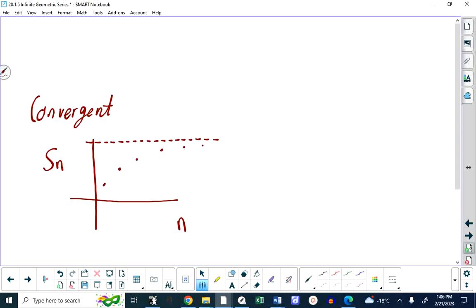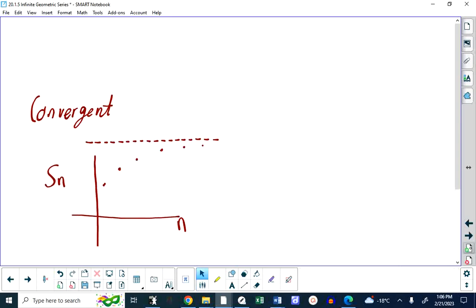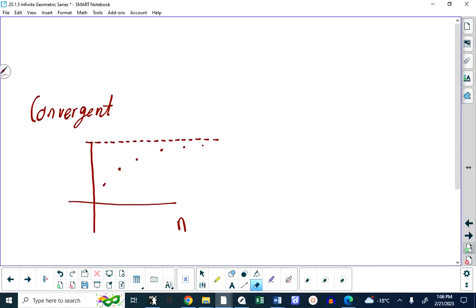So in our example, this was the number 4. And it went from 2 to 3 to 3.5 to 3.75 to 3.875. I can't remember the numbers, but it was approaching that number of 4.